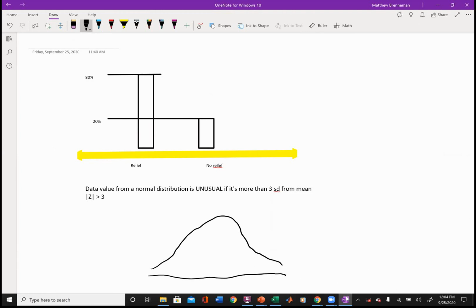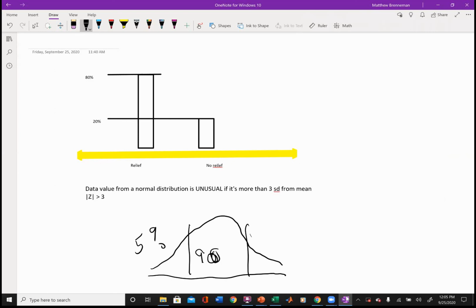I want the values that are going to contain the middle 90%, right? Well, I'm going to use symmetry here. If this is 90%, under the whole curve is 100%, right? So there's 5% in each tail. So this means this is the 5th percentile, the lower limit of that interval, and this is the 95th percentile.